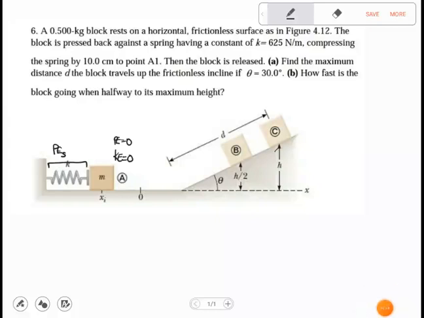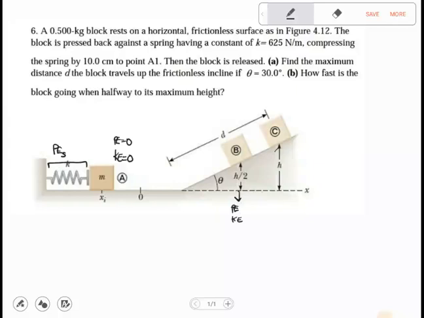So this is how you should be thinking. Then you know that point B is halfway. So at point B here, we have both potential energy and kinetic energy. They are not equal to 0, they are there.